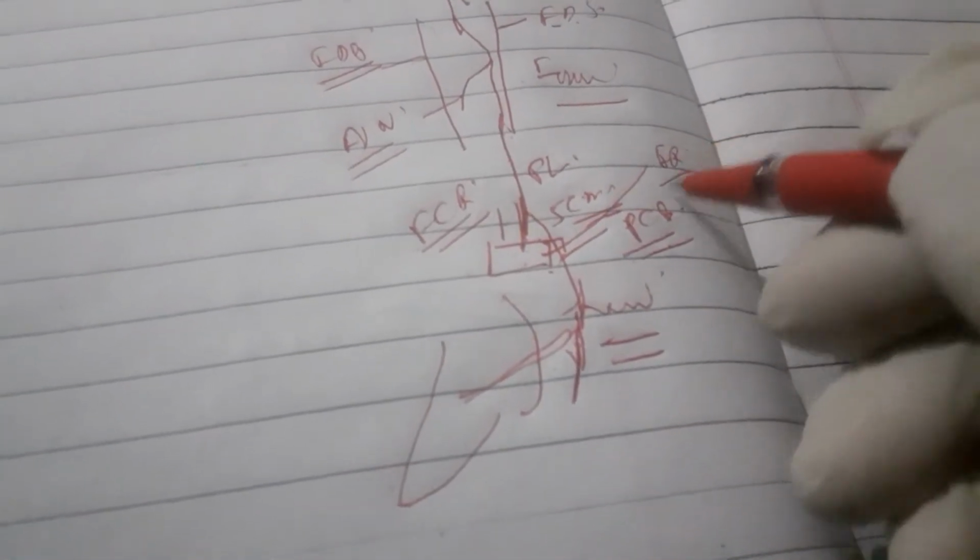Now it passes deep to the flexor retinaculum. This is the flexor retinaculum and it passes deep to it. Now it gives motor as well as cutaneous branches.